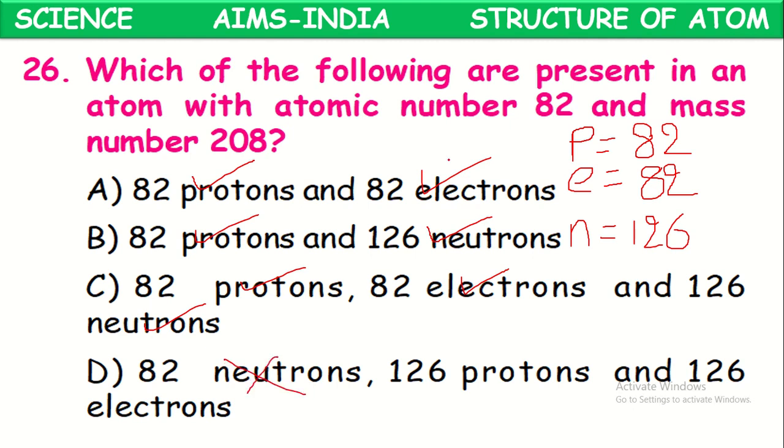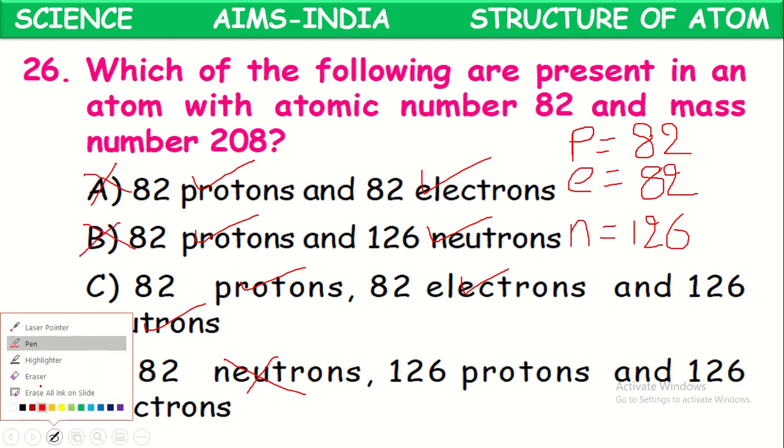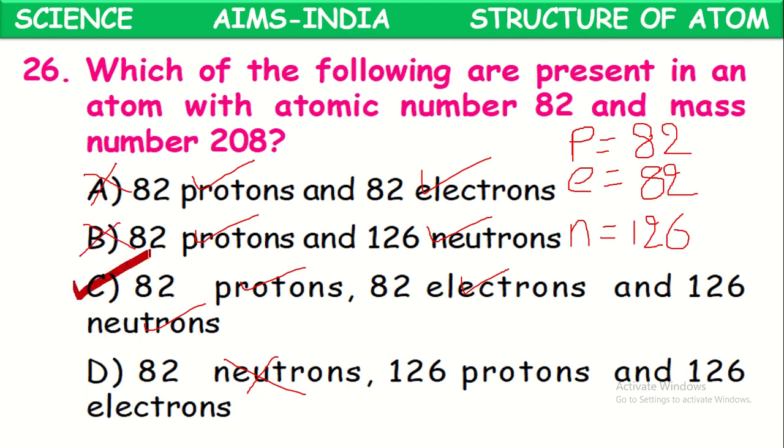Now, what they ask is, which of the following are present in an atom with atomic number 82? If you see, 82 protons and 82 electrons only they mentioned. They did not mention neutrons here, so it is not correct. 82 protons and 126 neutrons they have mentioned, but electrons are not mentioned. So the third one, where all three are mentioned, will be the correct answer.